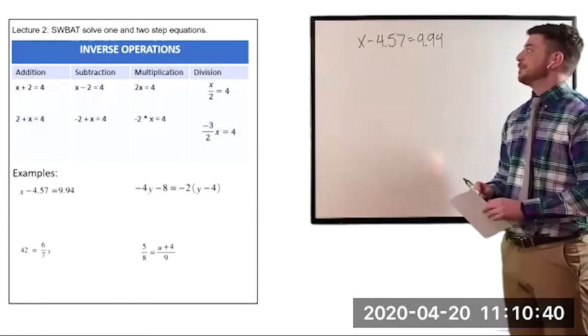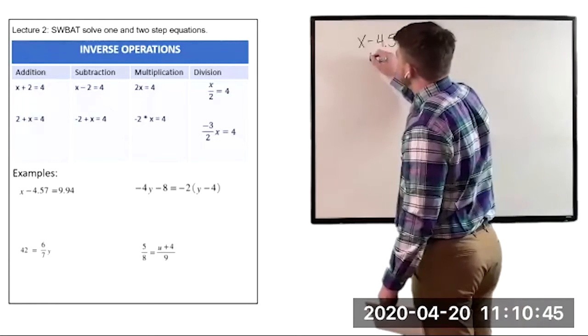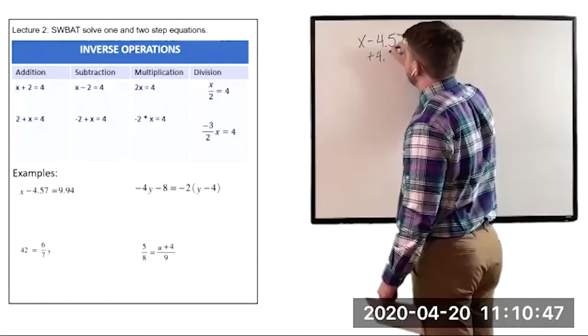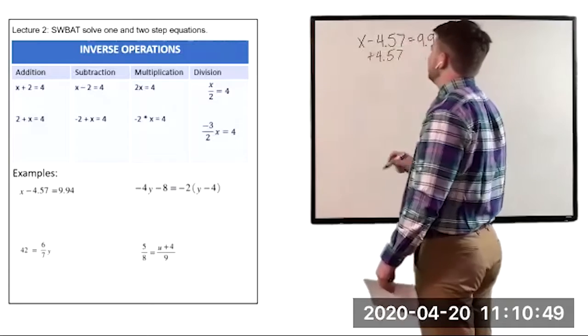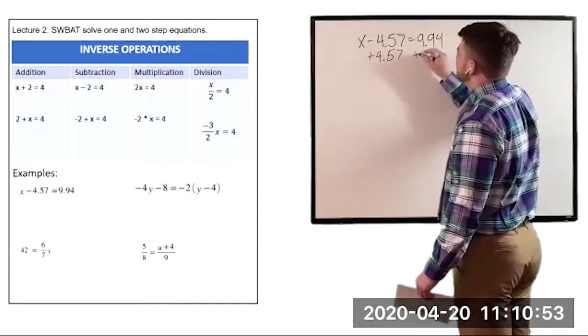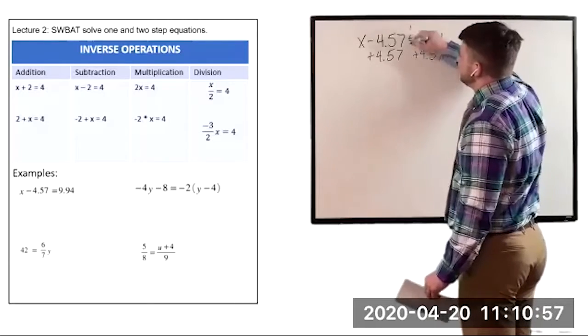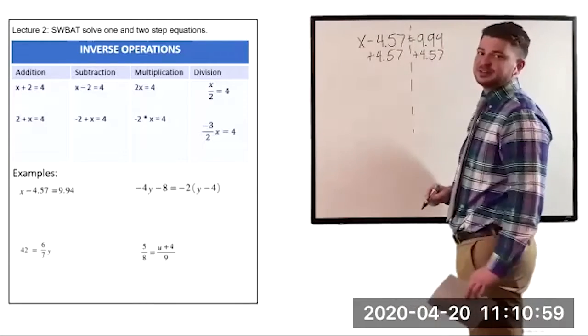So if we have x minus 4.57, that means we need to add 4.57. If you add that to one side, then on the other side of the equal sign, you also need to add 4.57. If we do it on one side, we've got to do it on the other side.